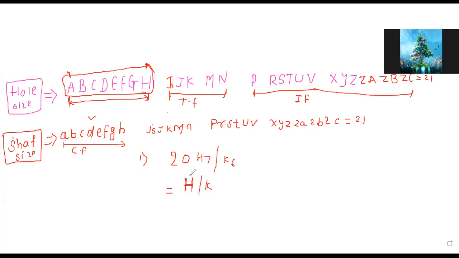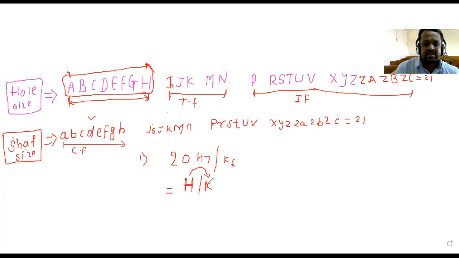Yes, sir. Then to identify the fit, we have to go to this side. Check this small letter. Where does the small letter lie? If that small letter lies in this condition, then it will be the transition fit. And in a similar manner, if your small letter lies in this condition, it will be the interference fit.